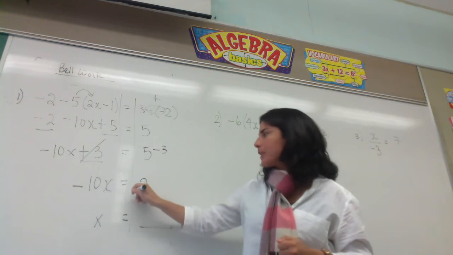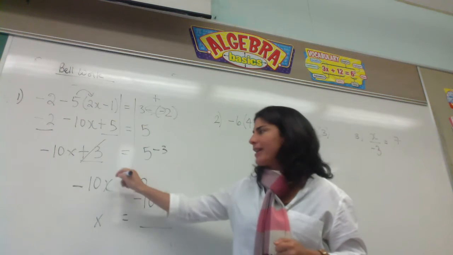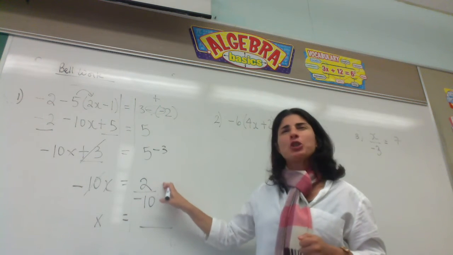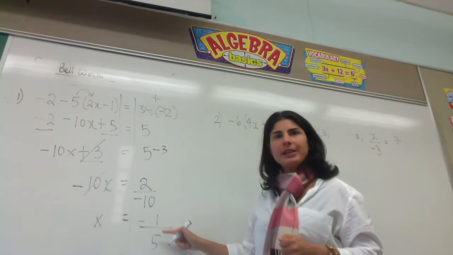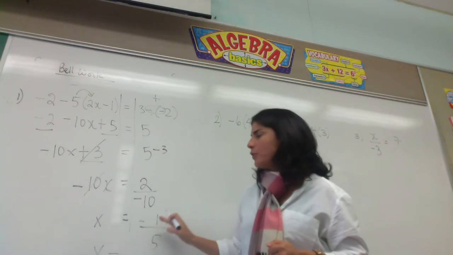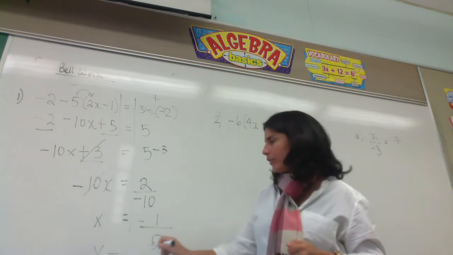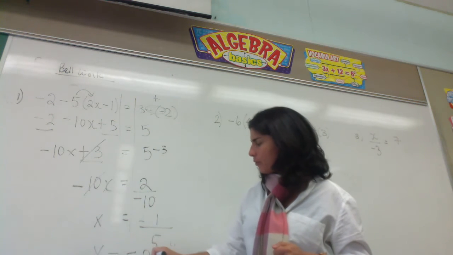Division. Yeah, so divided by negative 10. And this, in a way, is your final answer, except it should be reduced to negative 1 over 5 if you were to leave it as a fraction. And if you're happier with decimals, then you would take your calculator and do negative, and then just do 1 divided by 5, which is 0.2.